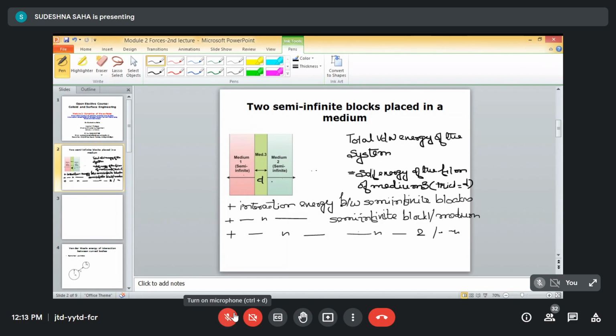This is the total van der Waals energy whenever two semi-infinite blocks are placed in a medium.